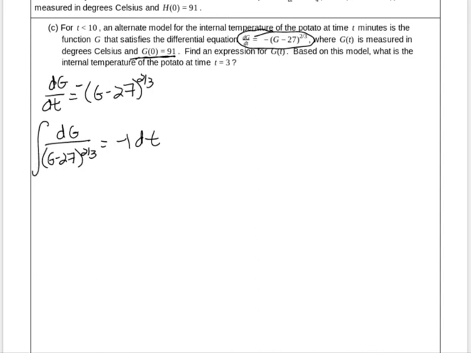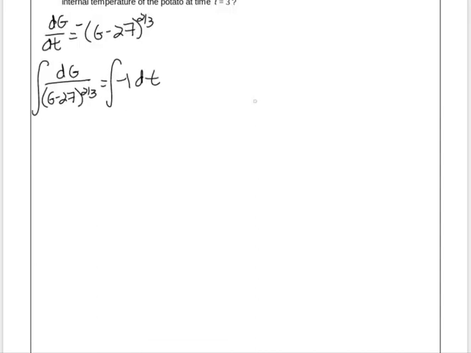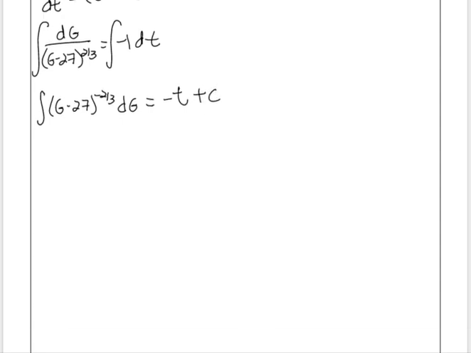And we're going to do our integrals. Now, in order to take the antiderivative of this, it's probably easier to write it as a negative exponent. So we're going to write it as a -2/3. And then on the right side, we can just take the antiderivative, and it's -t plus c. And then here, if we're going to add 1 to the exponent, that's going to be a 1/3.